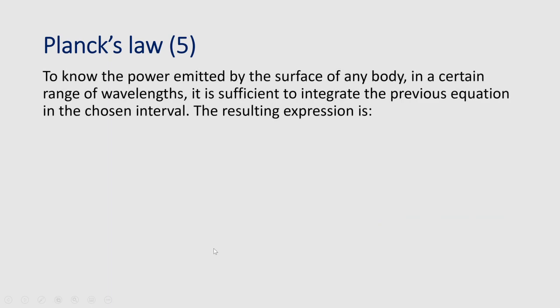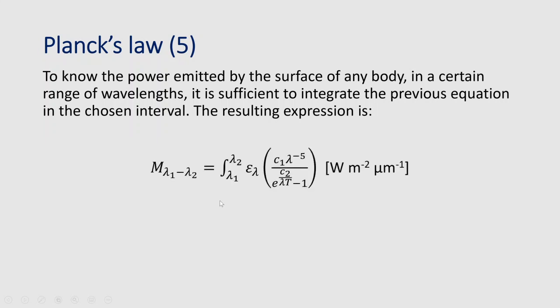To know the power emitted by the surface of any body in a certain range of wavelengths, it is sufficient to integrate the previous equation in the chosen interval. So the resulting expression is this one.